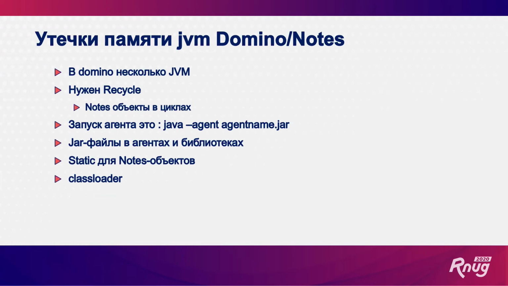That's why you should put them on the server, because they will be loaded when the server is started. Then you should not be using Lotus objects or Notes objects statically. Well, they will not go away until you restart your Java machine.